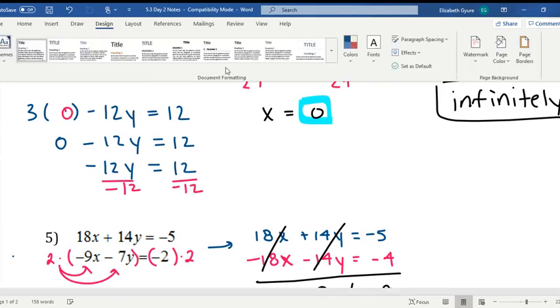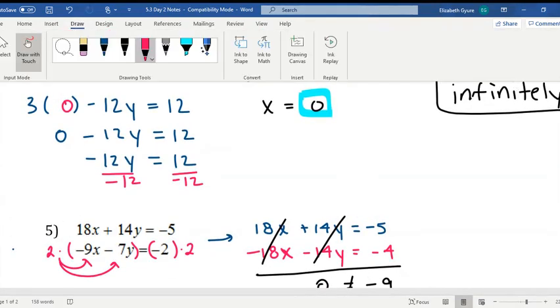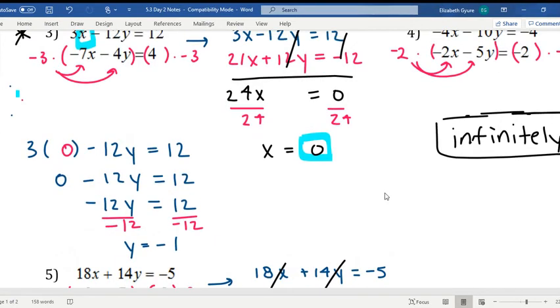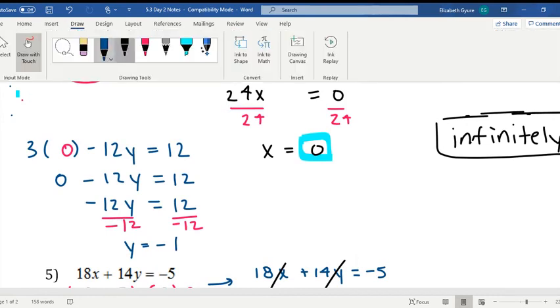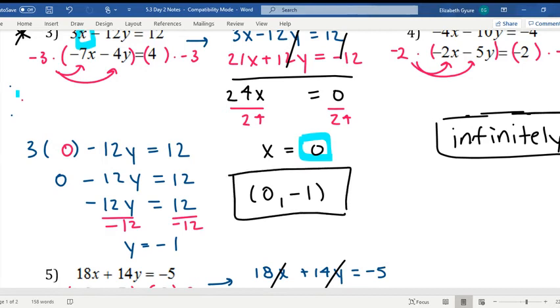There we go. And ladies and gentlemen, a positive divided by a negative is a what? A negative. And 12 divided by 12 is 1. So that should be negative 1. And then we're going to write our final answer as a coordinate point. X's go first. So that would be 0, comma, negative 1.